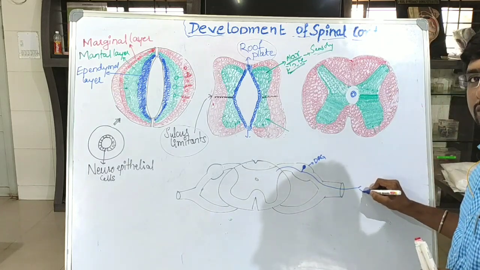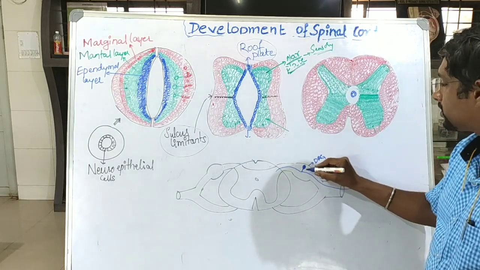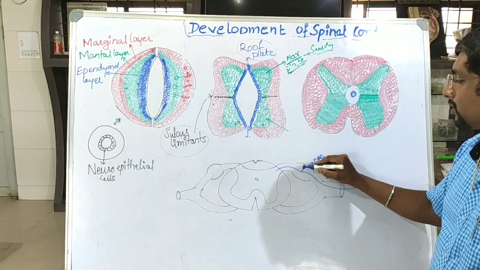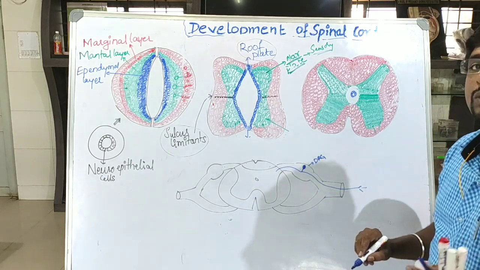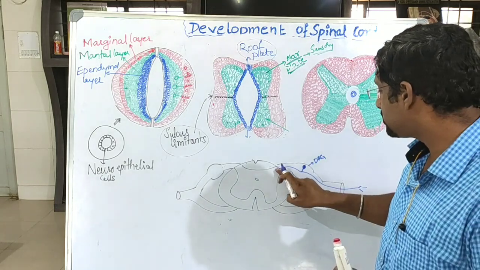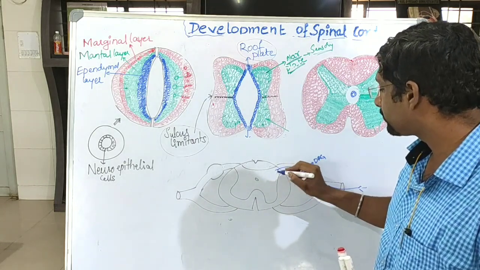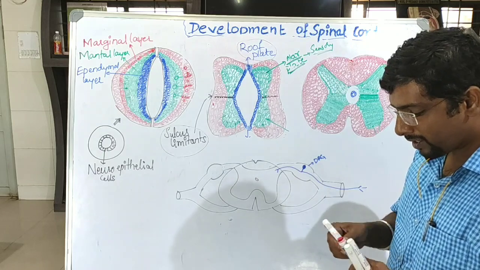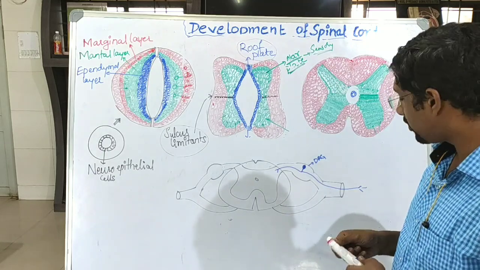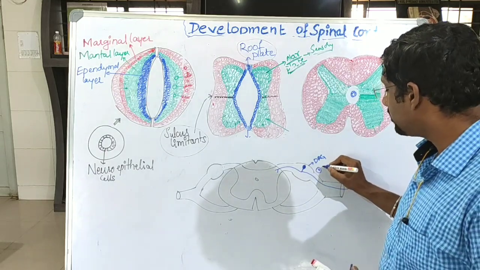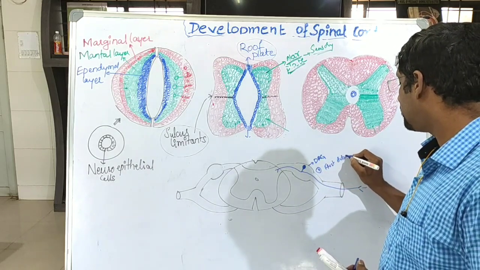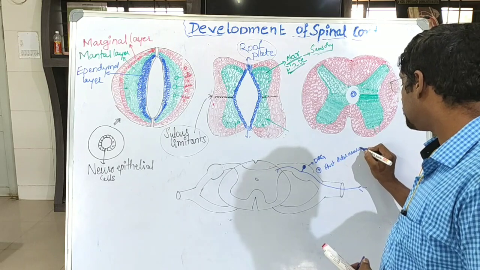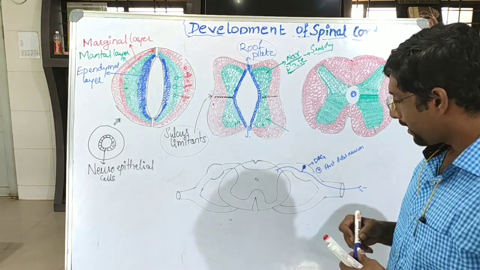The peripheral process will carry sensation towards the cell body in the dorsal root ganglion, and the central process will carry sensation towards the CNS, and this is going to end up here. From here, this is called the first order neuron, right?